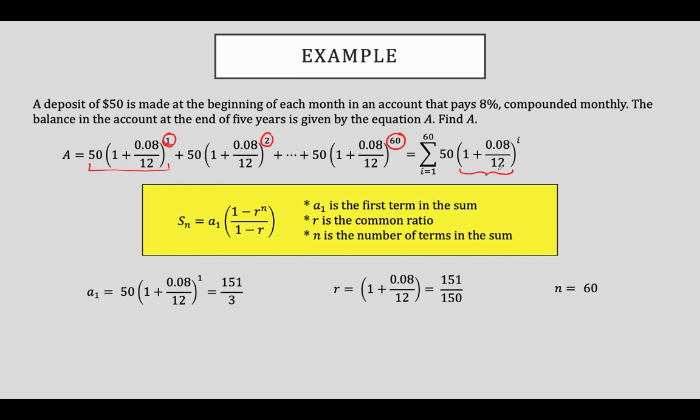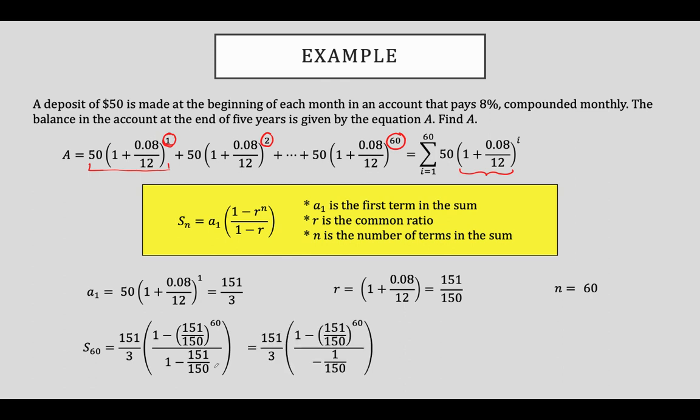Well, now allowing us to use our formula, S sub 60 is equal to 151 divided by 3 times the quantity 1 minus 151 over 50 raised to the 60th power divided by 1 minus 151 over 50. Again, we can begin by simplifying this denominator. 1 minus 151 over 50 gives me negative 1 over 50.